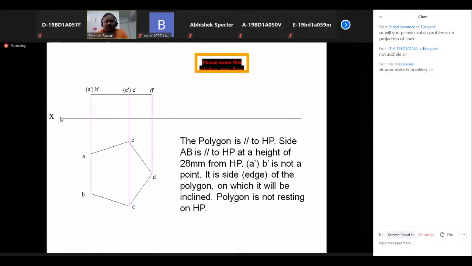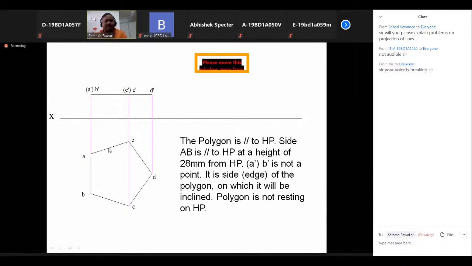First draw an XY line, something like this. You have to assume that the pentagon is parallel to HP, because the given position in the problem is 40 degrees inclined to HP, but you have to make it parallel to HP.